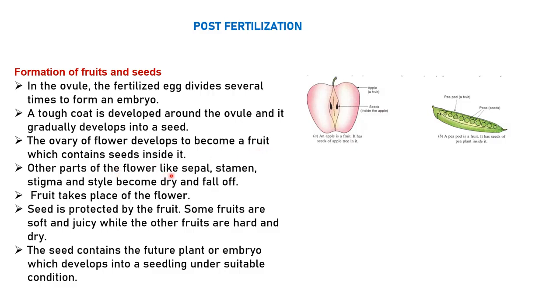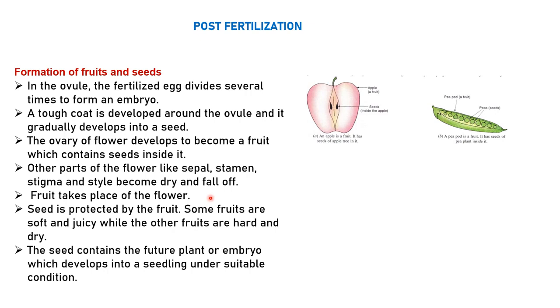Other parts of the flower, such as sepals, stamens, stigma, style, dry and fall off. Now the fruit takes the place of the flower. So what is the future of the ovary? The future of the ovary is fruit, and the future of the ovules is seeds, right?